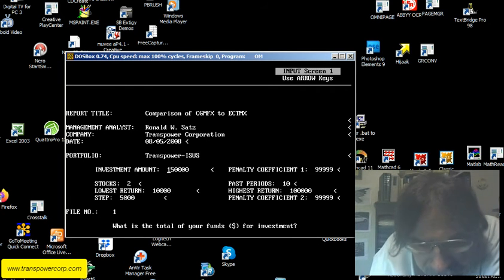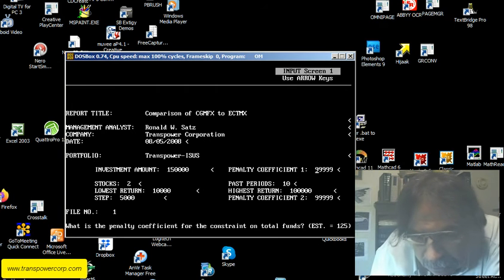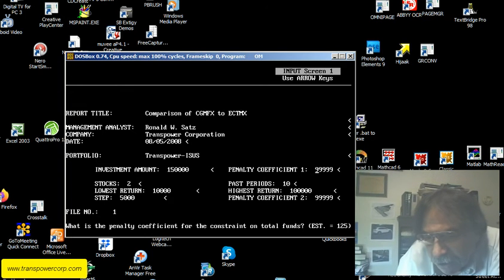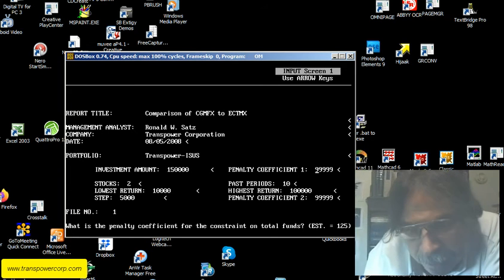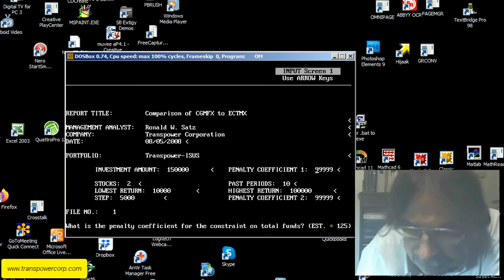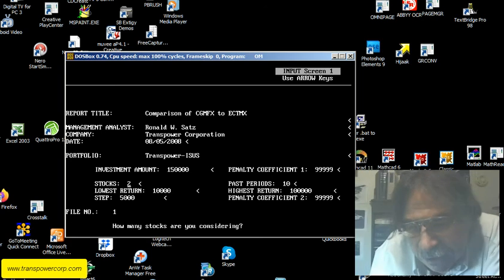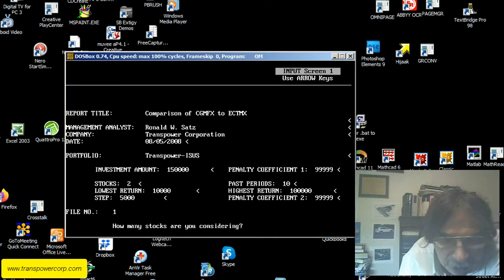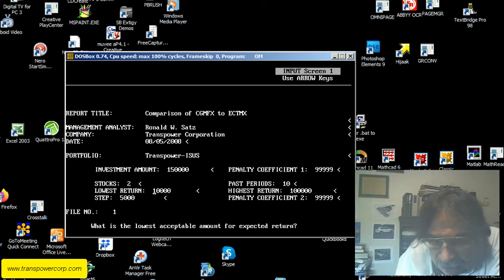Let's say we have $150,000 to invest. Penalty coefficient is pretty high. This is the penalty coefficient for the constraint on total funds. This is pretty high, so that just means it's going to take a lot longer for the computation. There are 2 stocks, or 2 investments, whatever. 10 past periods, lowest return that we want is 10,000.